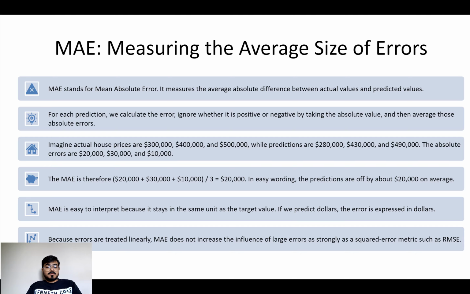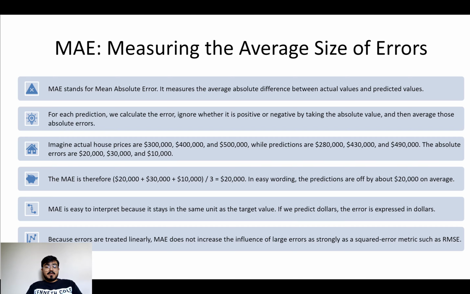Let's understand this with a simple example. Imagine we have a machine learning model that predicts house prices. Suppose the actual prices are $3 lakh, $4 lakh, and $5 lakh, while the model predicts 2 lakh 80,000, 4 lakh 30,000, and 4 lakh 90,000.